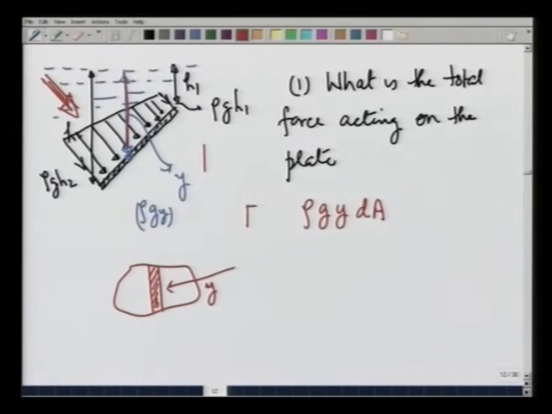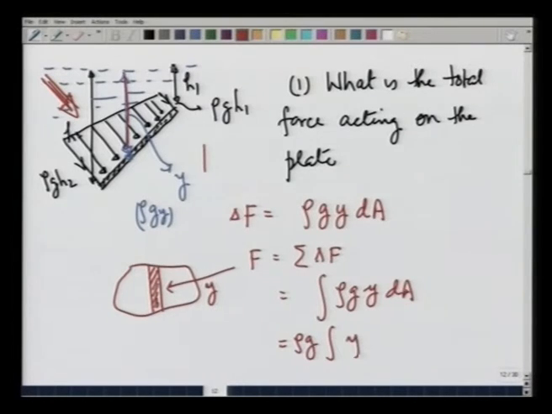So, net force is going to be the sum of these small forces delta F, which is nothing but the integration of rho g y dA. Rho and g are constants, it is y dA. This is the net force acting.